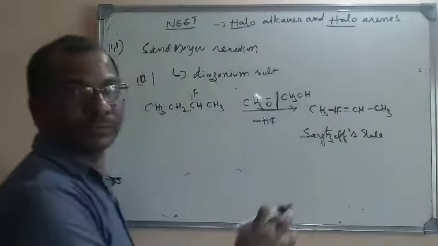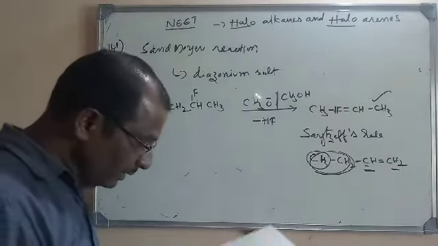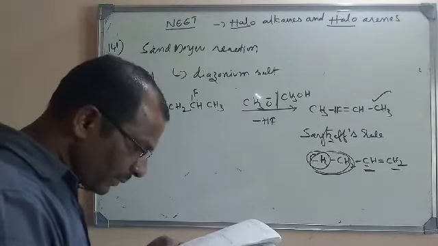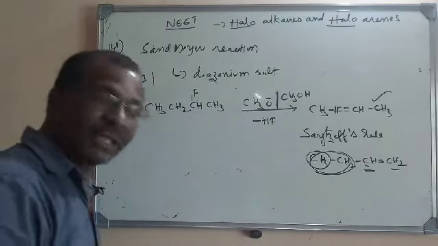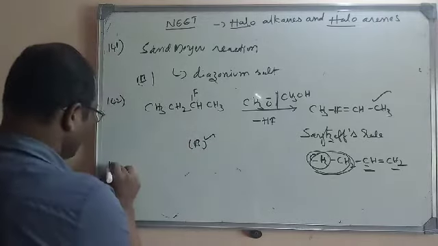So the more the alkyl groups, the more the stability. So it is the most stable and will be the major product. If you see the options, the second option, that is 2 butene, is the right answer. Option B is the right option here.